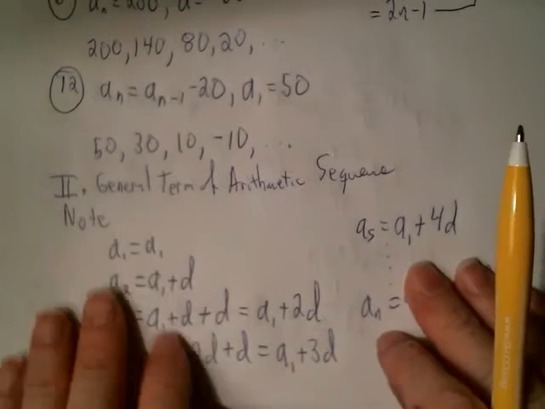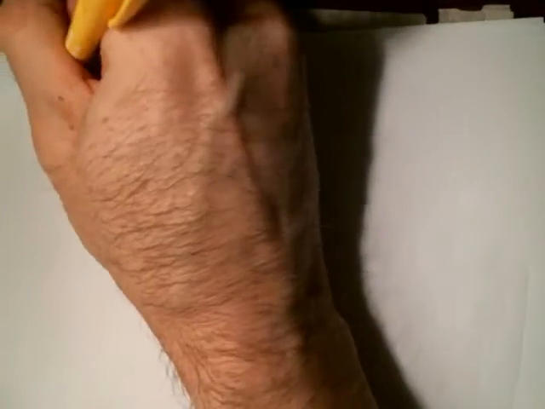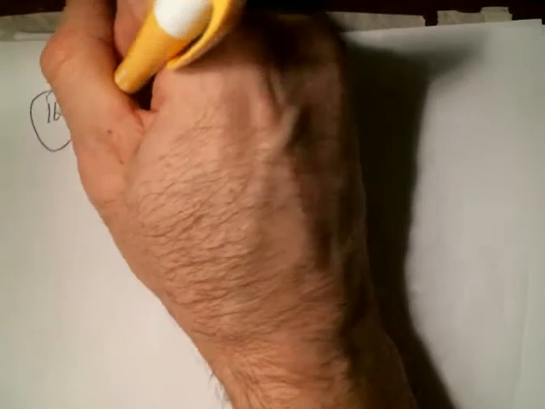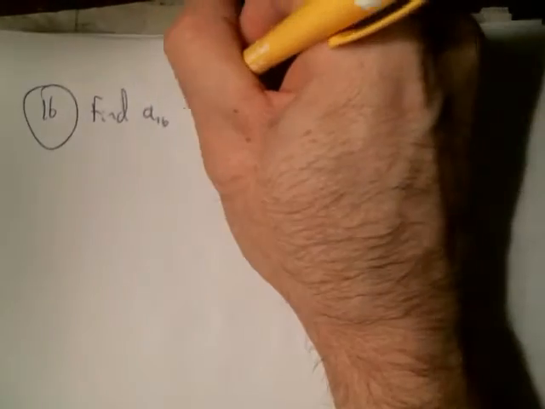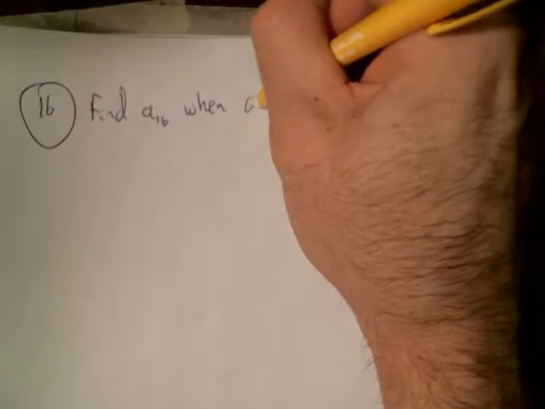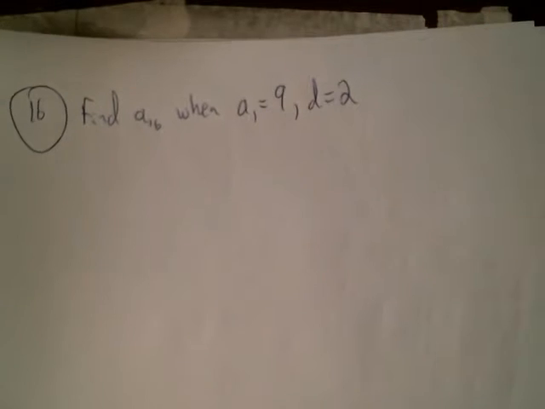Okay, so this will allow us to basically pick off any term of the sequence that we require for our work. So let's look at 16. Find a sub 16 when a sub 1 equals 9 and d equals 2.